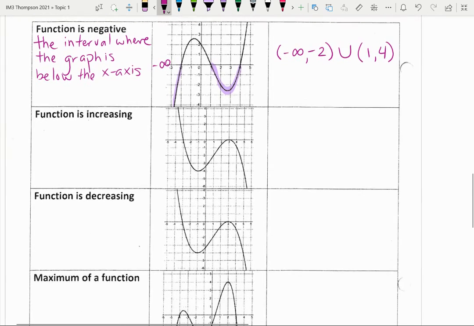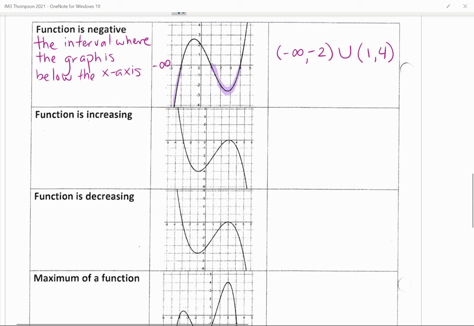Now, next concept. Function is increasing and the function is decreasing.